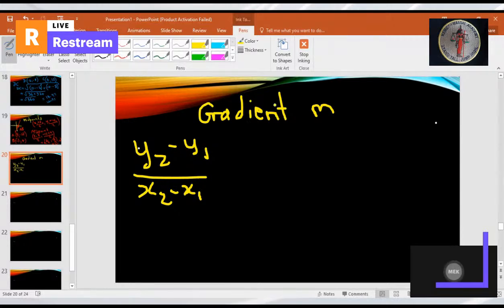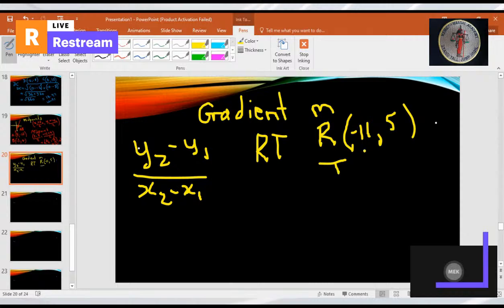So if we're given the line RT, for point R, the coordinates are -11 and 5, and for point T, the coordinates are 0 and 3.